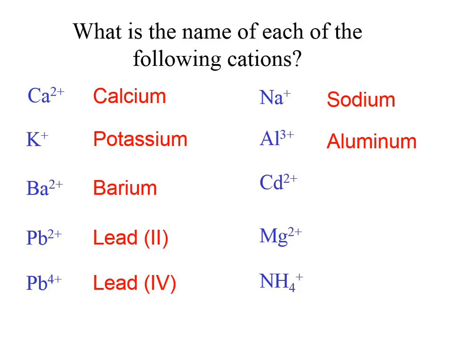Cool. This is aluminum. How about cadmium, Quade? It's not in the second column. Well, we don't use Roman numerals. And if you find on the periodic table, what's above cadmium?